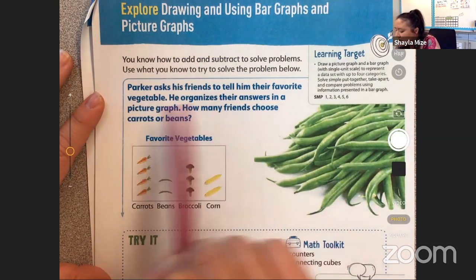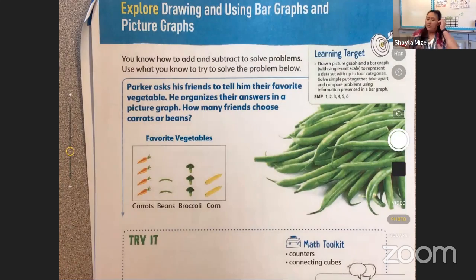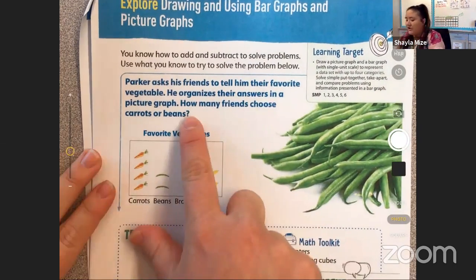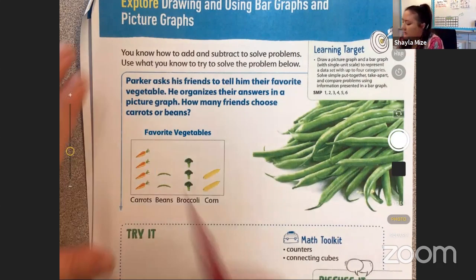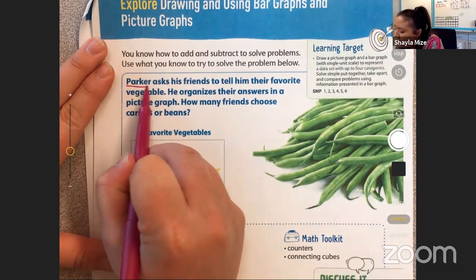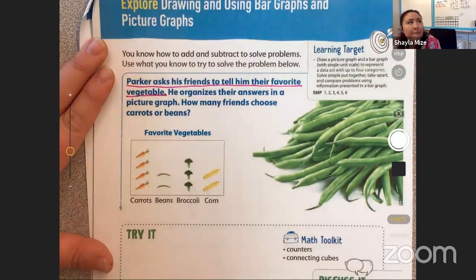How many friends choose carrots or beans? So I want you to use this chart and show your work answering the question. We know that Parker asked his friends their favorite vegetable. So let's underline it. Underline it.